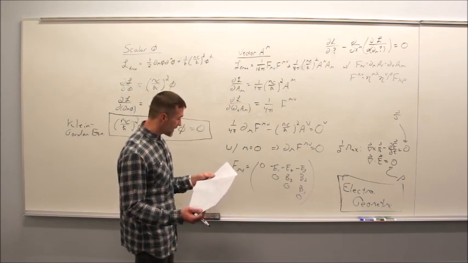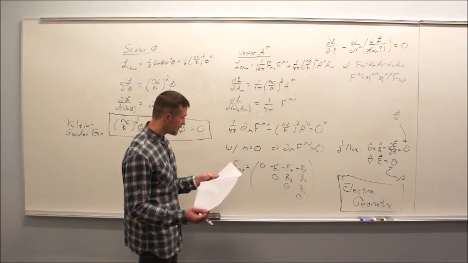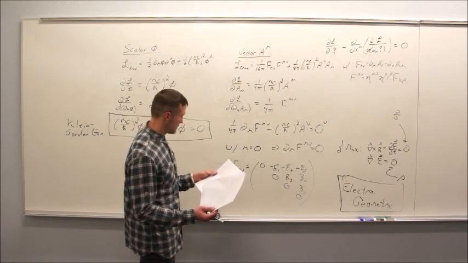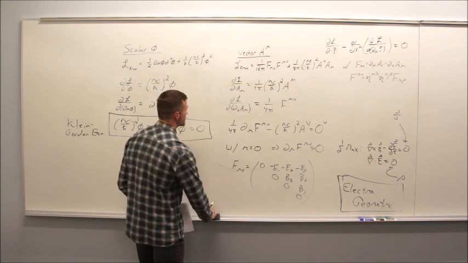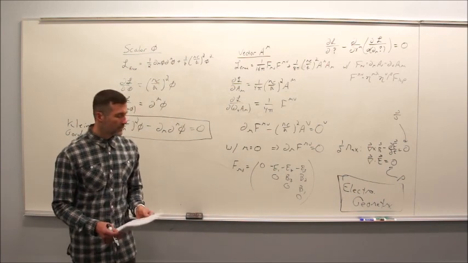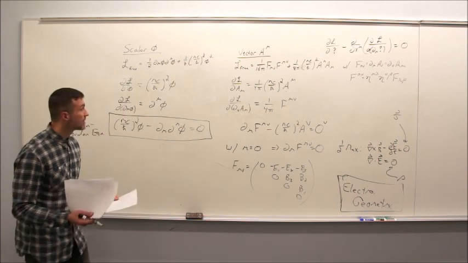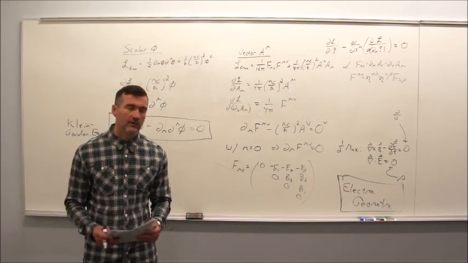Oh, when I rewrote the final equation, I dropped the 4 pi. Oh, no, sorry. No, this is actually where I have an error. There should be no 1 over 4 pi there. So, you have the 1 over 4 pi in front of each term, and then you drop the 1 over 4 pi because the whole thing's equal to 0.